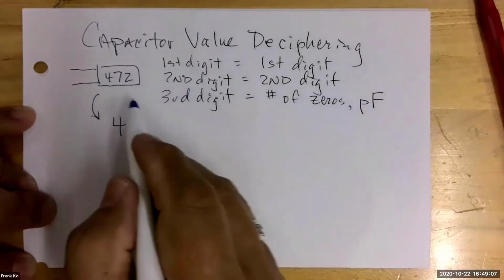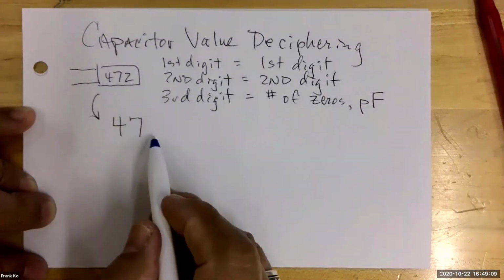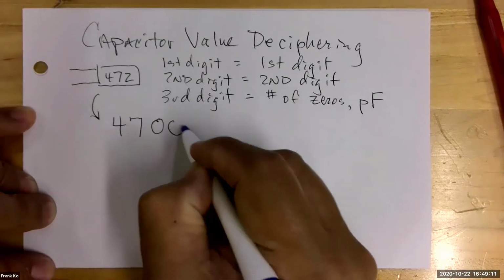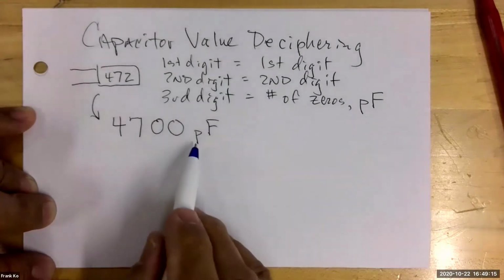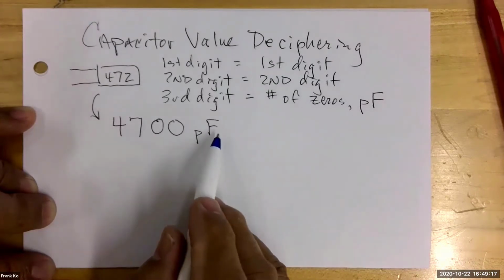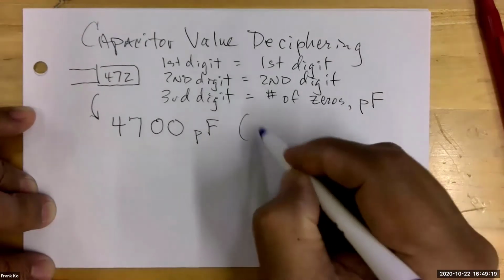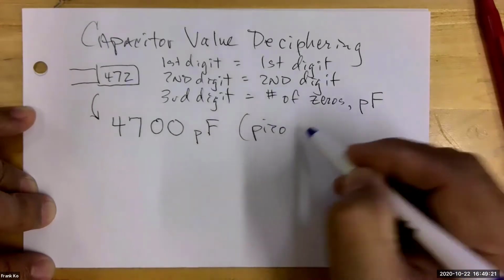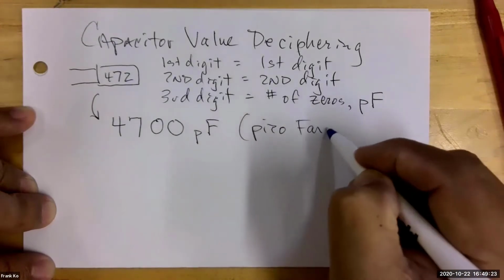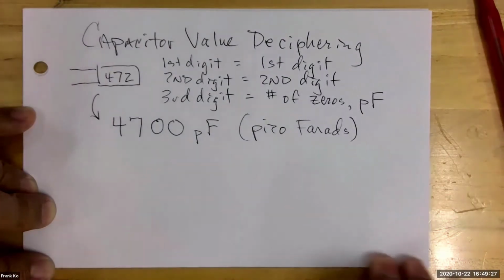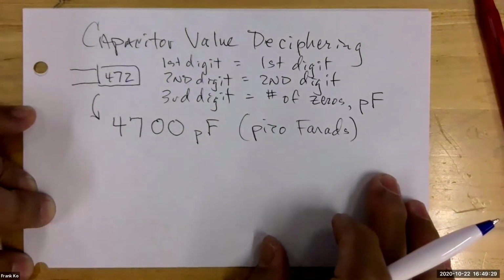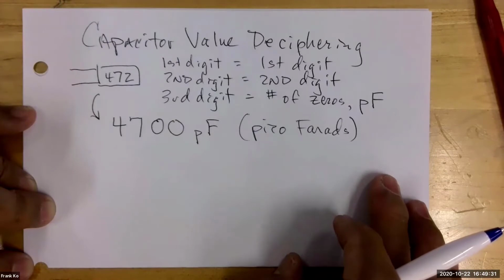So the 2 tells me how many zeros am I going to write here? 2 zeros. Here's a 0, here's a 0, and then pF: lowercase p for pico, F for farad. So we would read this as 4700 picofarads. Okay. That's the value for this particular capacitor.